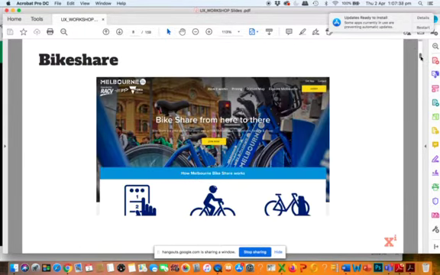This is an example of an app and a website that was produced and was highly successful in Melbourne. And without doing any research, they switched it to Sydney. And it bombed. It was a complete failure in Sydney because Sydney is hilly.